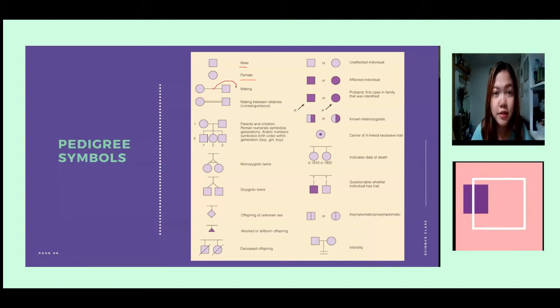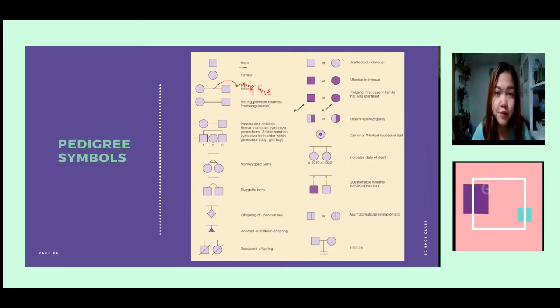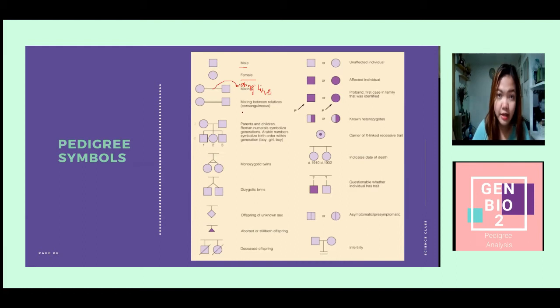We can also call this line the mating line. And if you see double lines connecting the parents, it means that mating happened between relatives. We call that consanguineous mating or relationship.